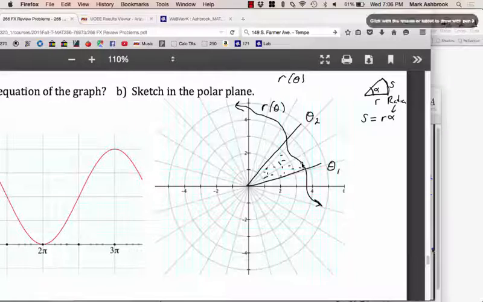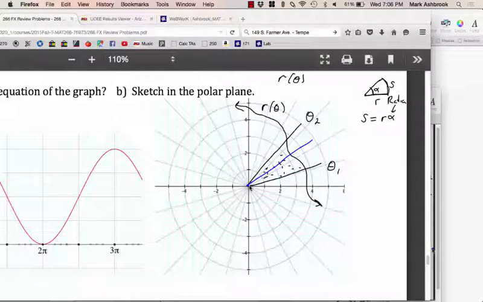So what are we going to do? We're going to take a sliver, a typical slice, where this is our d theta. And we want to get the area of a typical slice, all this area right here. We're going to use the area of a triangle.